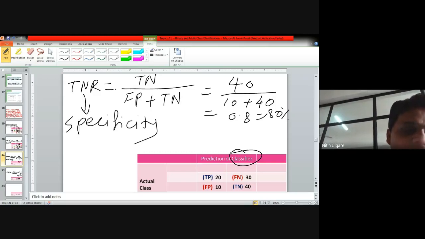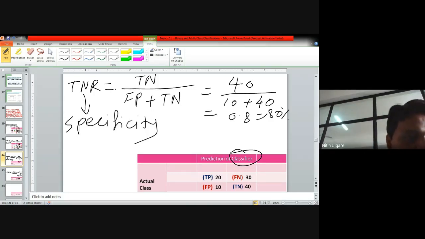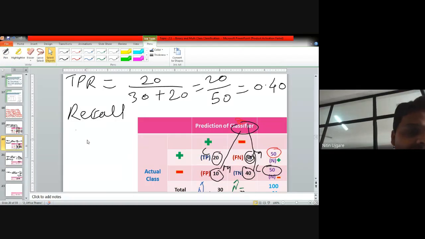The TNR and the specificity are the same. They are different terminology for the same operation, in which our goal is to find the correctly classified negative instances by the classifier. The same is the case for the TPR, which is also referred to as sensitivity.